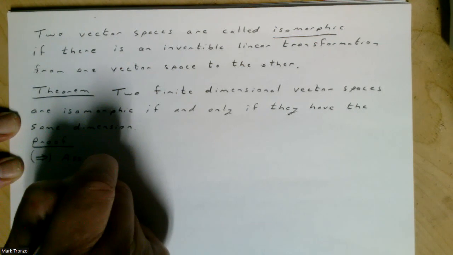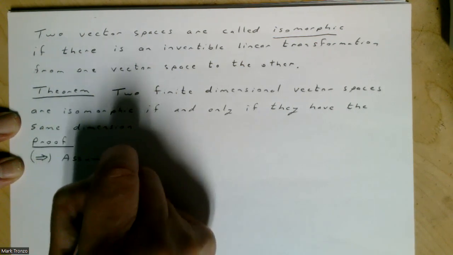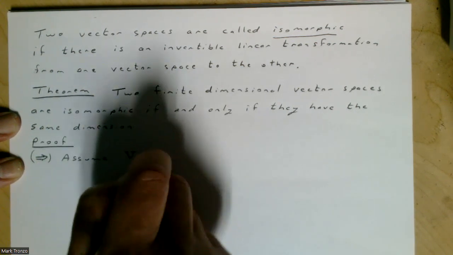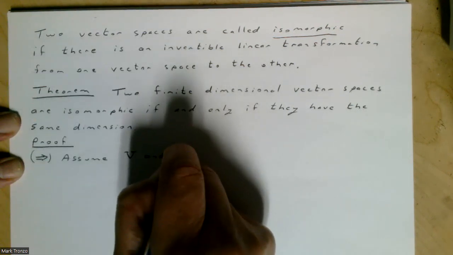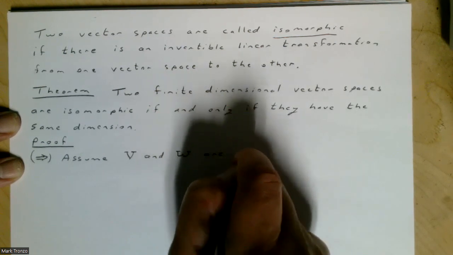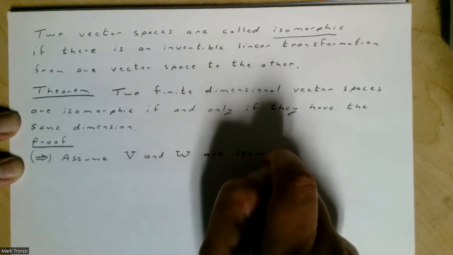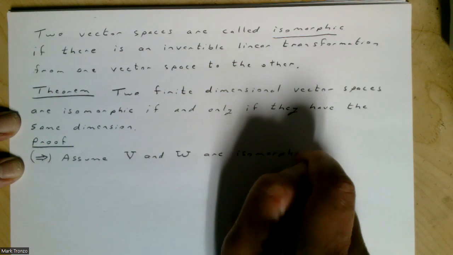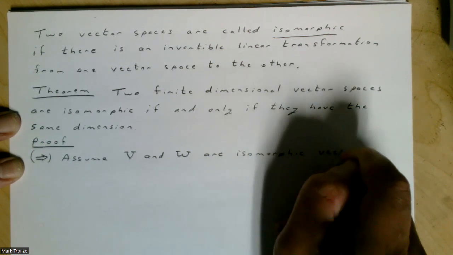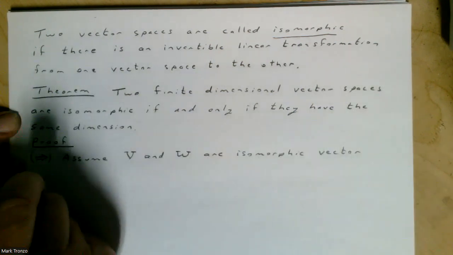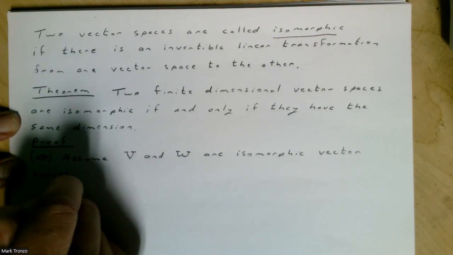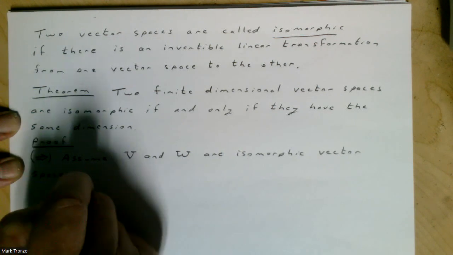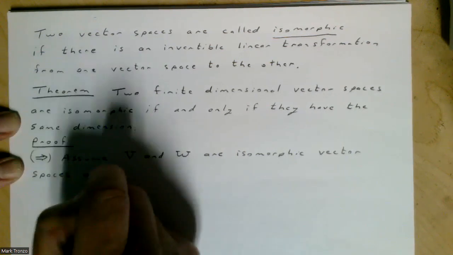Assume V and W are isomorphic, and they're finite dimensional.